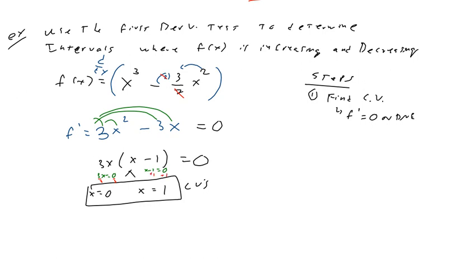When you see this, you should be able to immediately translate it in your mind to these answers. Especially this 3x: when you have a number and a variable on the outside by itself, x is 0 is an answer. Minus 1 means that positive 1 is an answer. So here are my critical values.